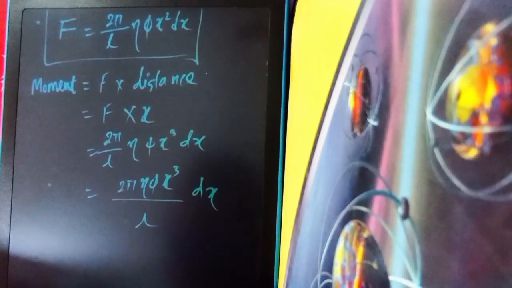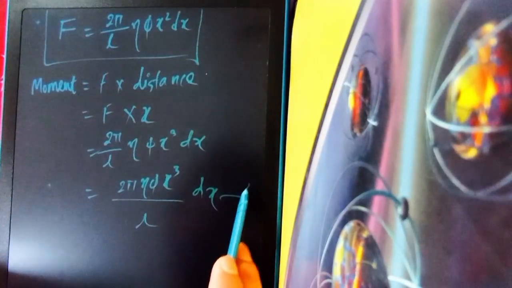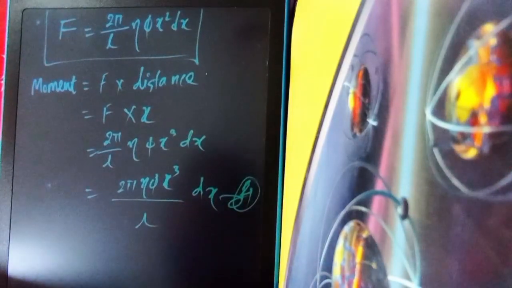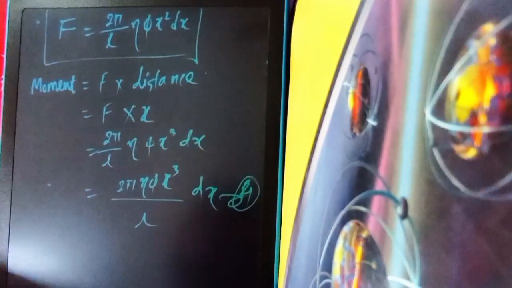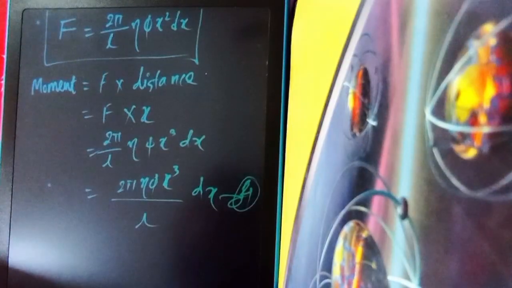This is the couple required to twist the elementary cell of radius x through an angle phi. Therefore, the twisting couple tau required to twist the whole solid cylinder of radius r is obtained by integrating the expression for the moment between limits x equal to 0 to x equal to r, because the total radius is r.